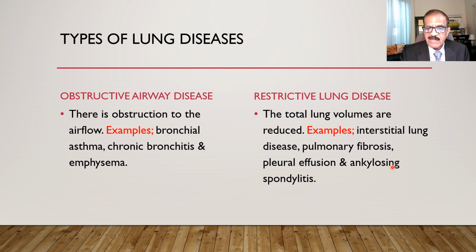Ankylosing spondylitis is again a disease which affects the chest cage, but it is going to affect the expansion. There are many other conditions, like even obesity can be classified as a restrictive lung disease. So you cannot make any sense out of these tests unless you correlate them with the clinical condition of the patient.